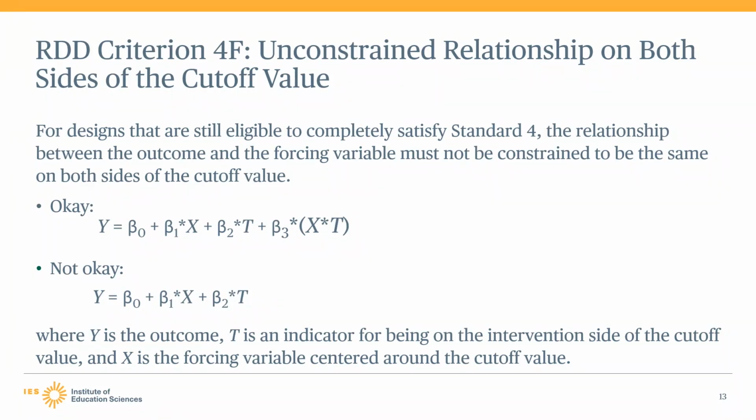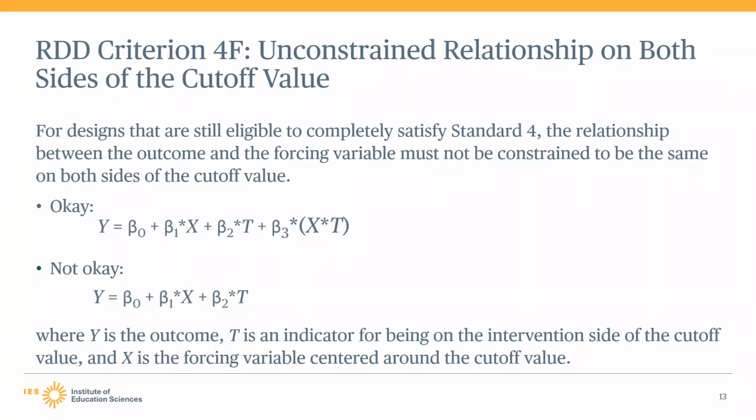Conversely, a regression model omitting this interaction term that only included a main effect for the forcing variable, beta 1, and a main effect for the treatment assignment dummy indicator, beta 2, would not satisfy this criterion because such a model specification constrains the outcome-forcing variable relationship to be the same on either side of the cutoff.